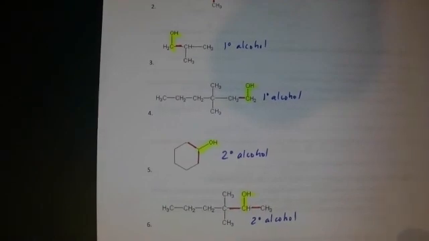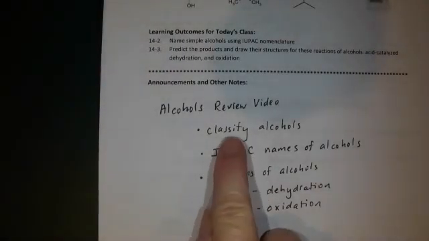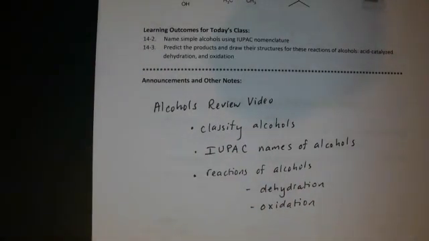And finally, number 6 is making 2 bonds to carbon, so it is a secondary alcohol. So again, first identify the alcohol functional group itself, and then count how many bonds to carbon are attached to that alcohol functional group. That is a review of classifying alcohols.